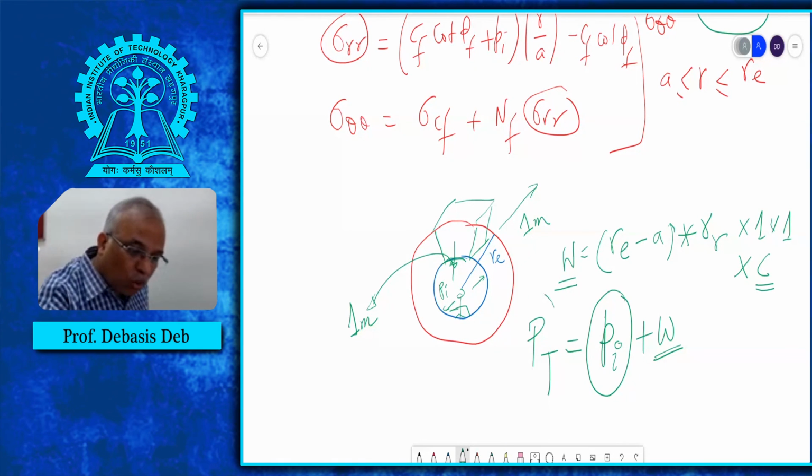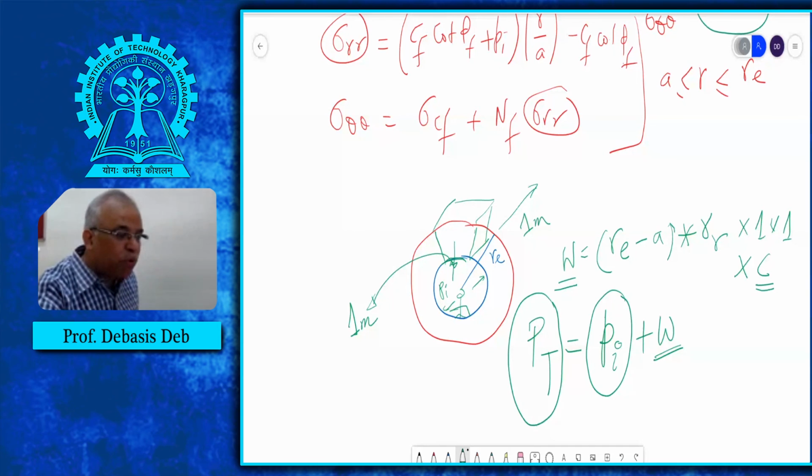So actually the total pressure required to support the fractured zone is Pi plus W. We have to consider its weight because the gravity was never considered in Carr's solution. Now we are considering it. Okay. So the PT, the total pressure, is this plus this.